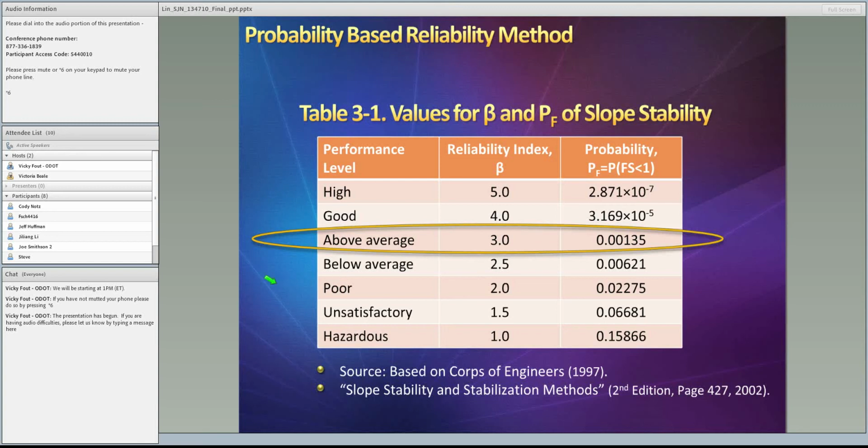This table is from the Corps of Engineers in 1997. In our design in this presentation, we use a reliability index equal to 3 to guide the design, which means the corresponding probability of failure is 0.00135, which is 0.1%.